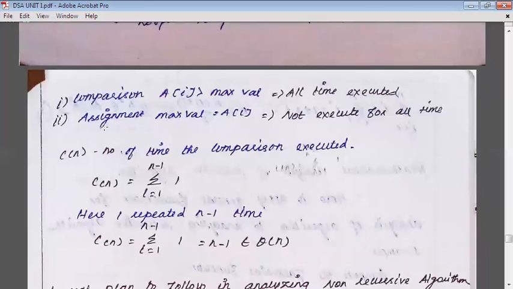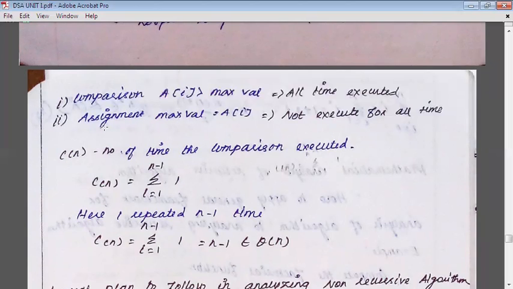C of n is the summation of I equal to 1 to n minus 1 of 1. The value is 1, and the 1 is repeated n minus 1 times. So the function is repeated at most n minus 1 times. So C of n, the summation of I equal to 1 to n minus 1, equals n minus 1; the answer is n minus 1.